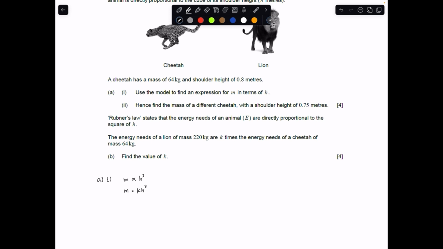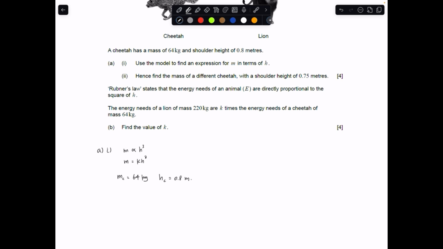Okay, so here we know that the mass of the cheetah is 64 kilograms, right? And the height of the cheetah is 0.8 meters. And so we can just substitute these values into the equation to find k. And so we have 64 equals k times 0.8 cubed.